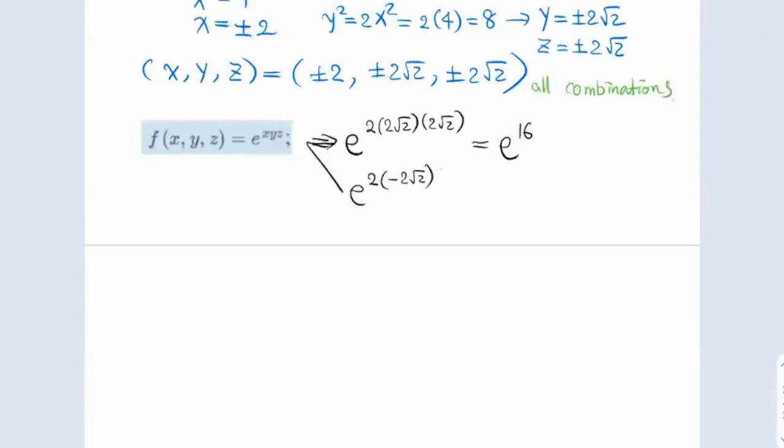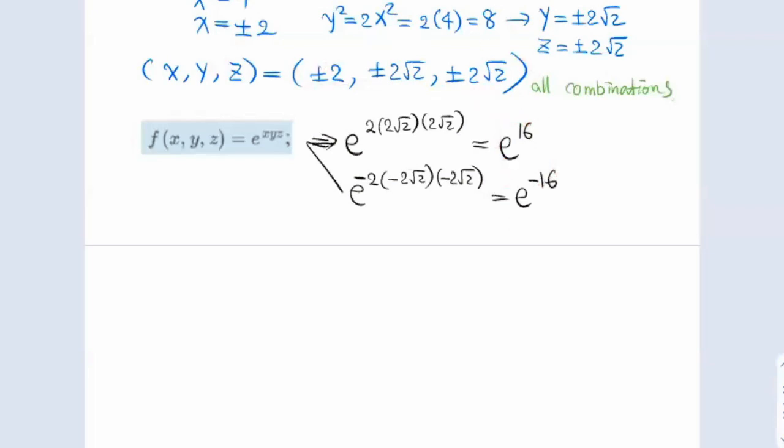So suppose you get all negative, then you will have e to the negative 16. Can you get another possibility? No, because if you have two negatives and one positive, it's still positive. That's why these are the only 2 possible results, because the negative signs will cancel. So e to the 16 or e to the negative 16 are the 2 possible function values at those xyz.